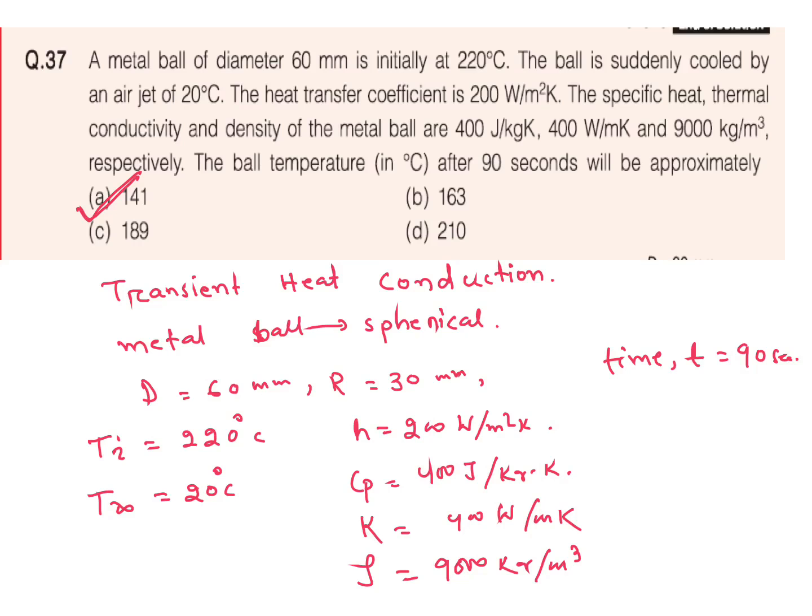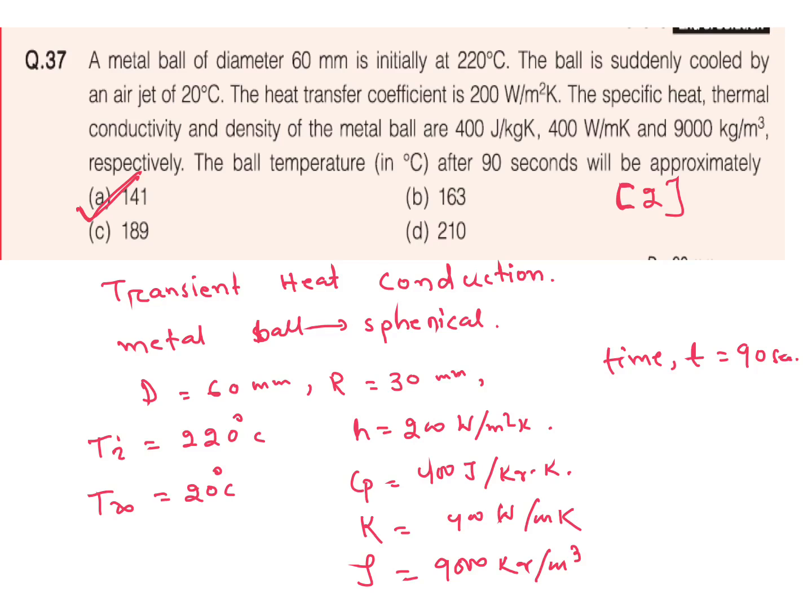This type of transient heat conduction or unsteady heat transfer is very important. Also in ISRO they are asking this type of questions. Without a calculator also you have to solve in ISRO. So this is very important. For other examinations also this is very important. One more thing is important here: the time constant, the thermal time constant.